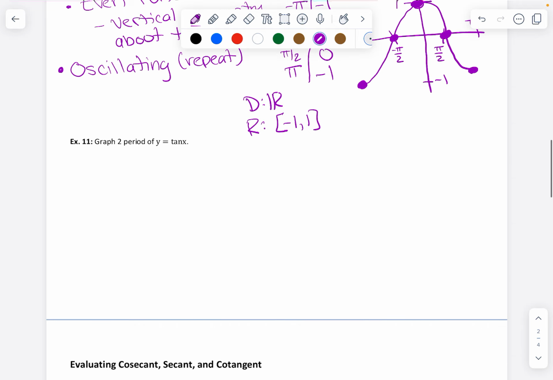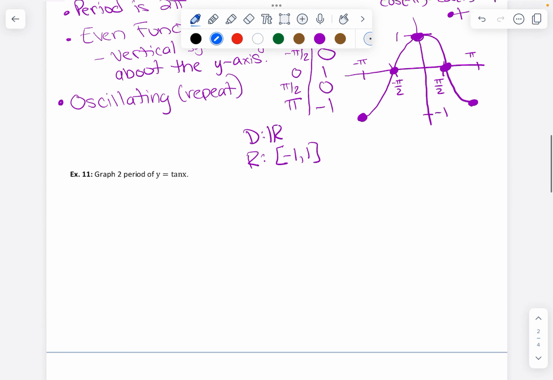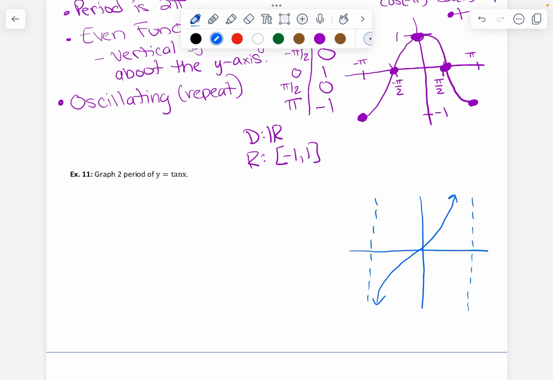All right, the last one I want to look at is tangent. So we'll use a different color. So I'll draw a sketch, and then again, we'll talk about the attributes. Okay.